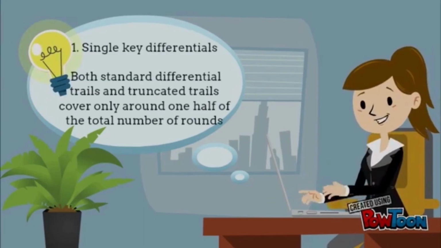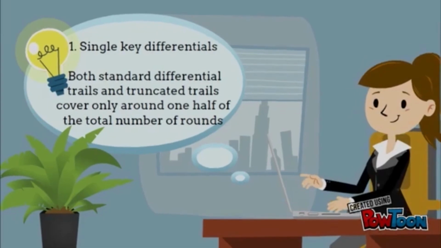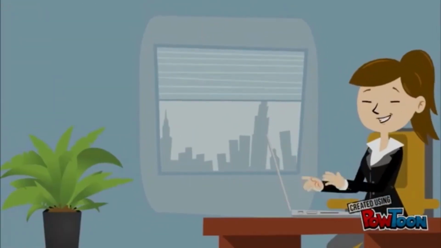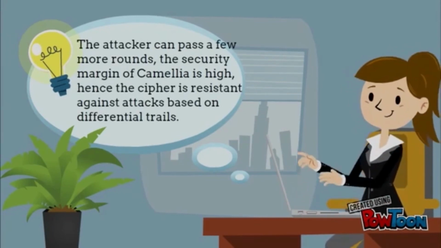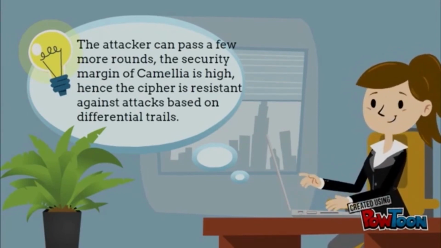Single key differential: both standard differential trails and truncated trails cover only around half of the total number of rounds. The attacker can pass a few more rounds. The security margin of Camellia is high. Hence, the cipher is resistant against attacks based on differential trails.